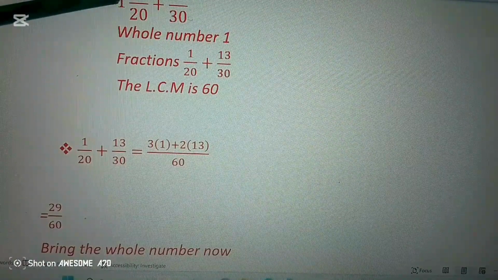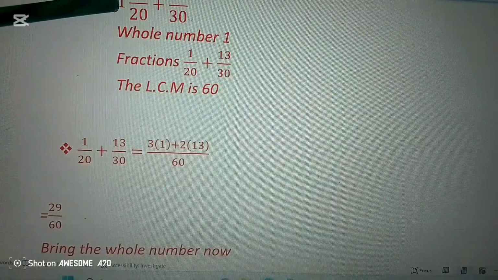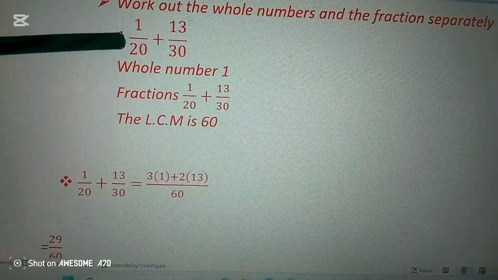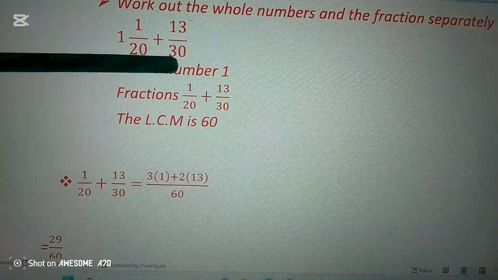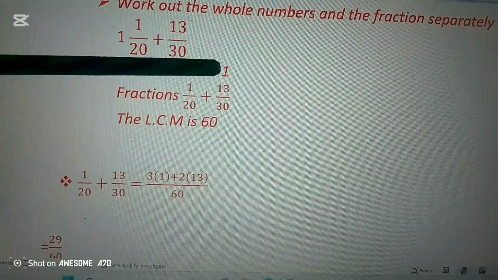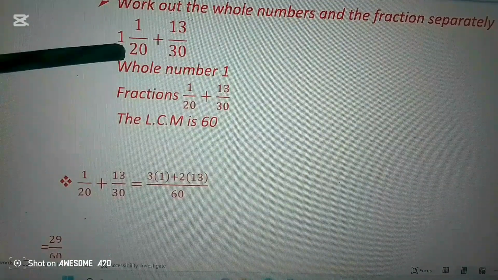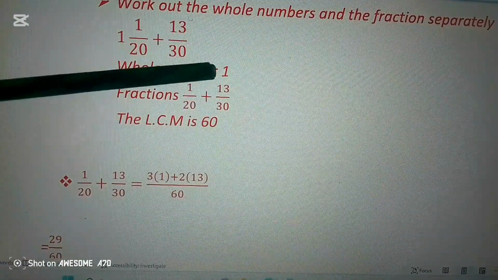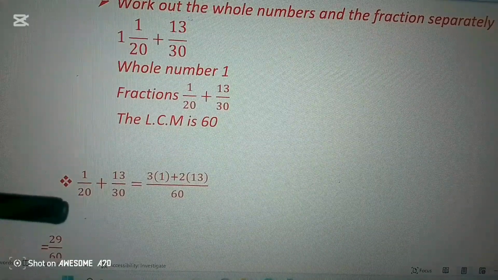We have only added the two fractions. What about the whole number? We added the whole number, 1 plus 0, and got our answer as 1.